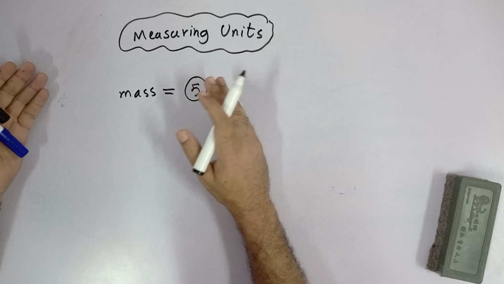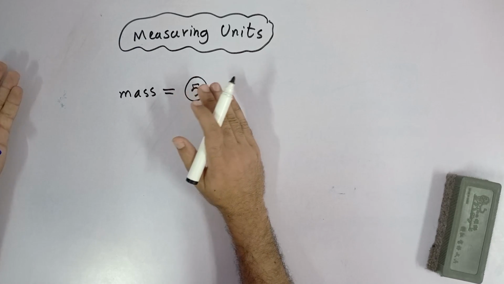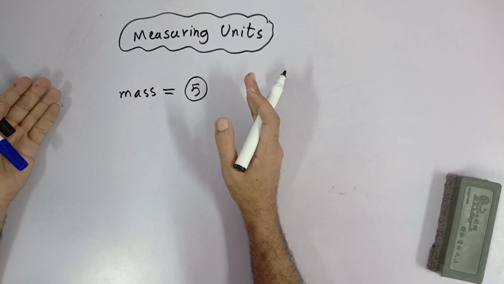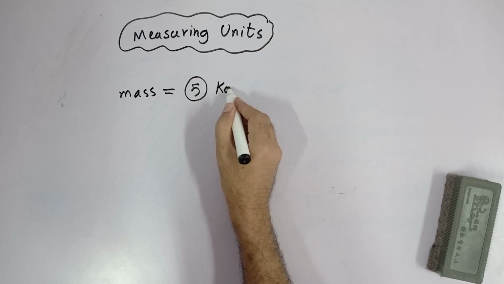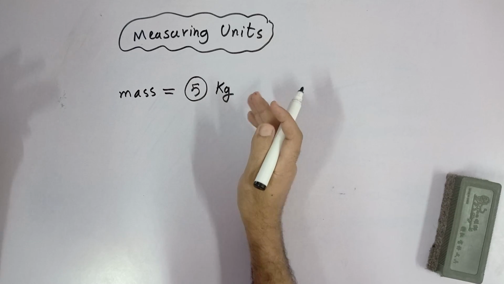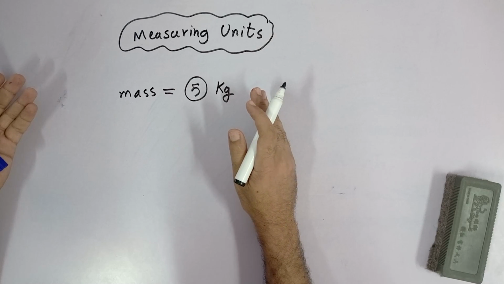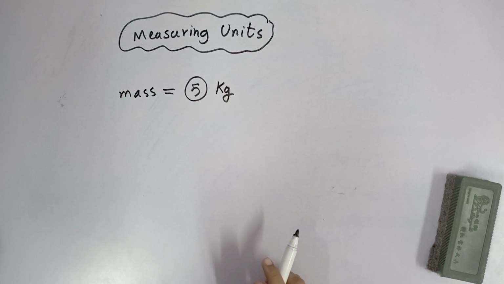We can't estimate the mass. What does it mean? 5 grams, 5 kilograms, 5 tons? We don't know. So if I write the unit kilogram, now the quantity is fully clarified and you know the amount of this quantity.